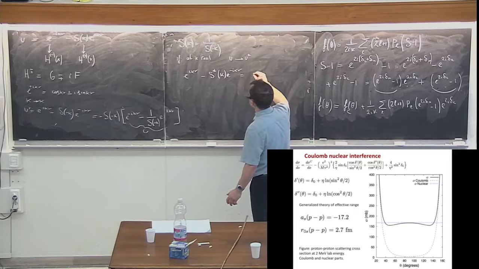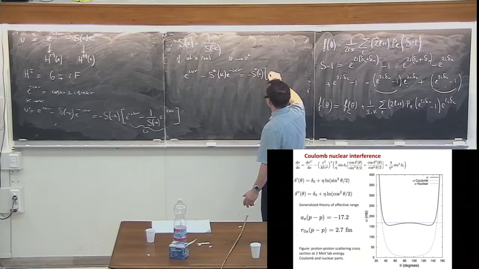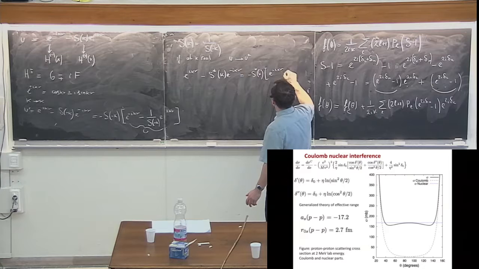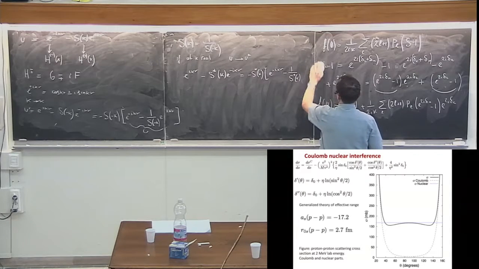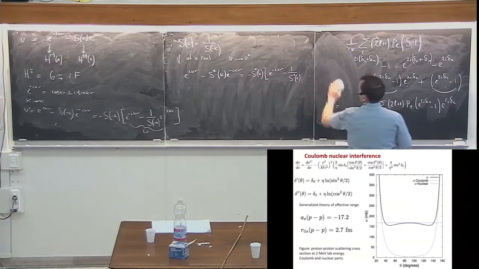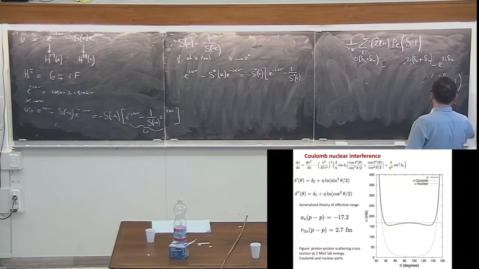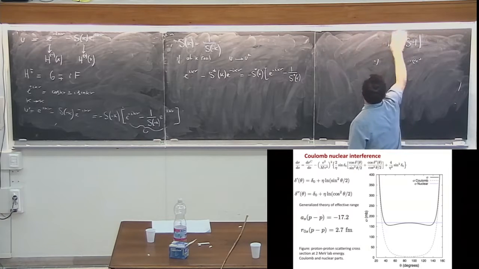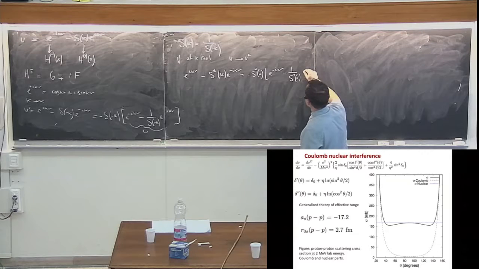So I'm going to repeat the same step again, and I will have here minus S star of k outside, and then inside I will have e to the minus ikr minus 1 over S star of k e to the ikr.